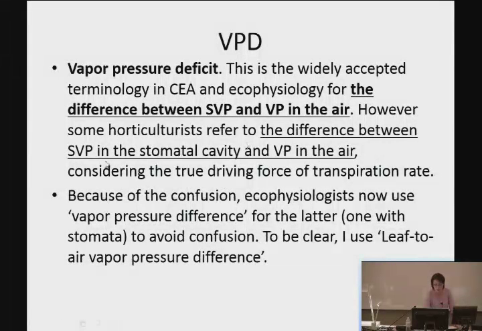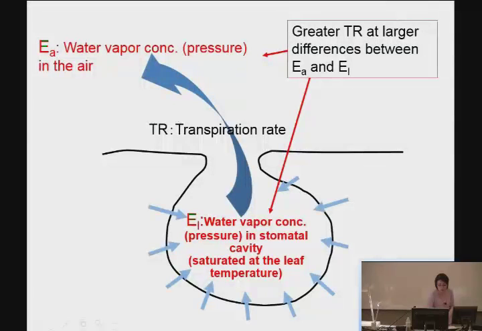The reason they include the stomatal cavity in the VPD concept is because that's the direct factor driving transpiration rate. If you look here, this is the saturation vapor pressure that the other VPD definition includes, so it is based on leaf temperature.